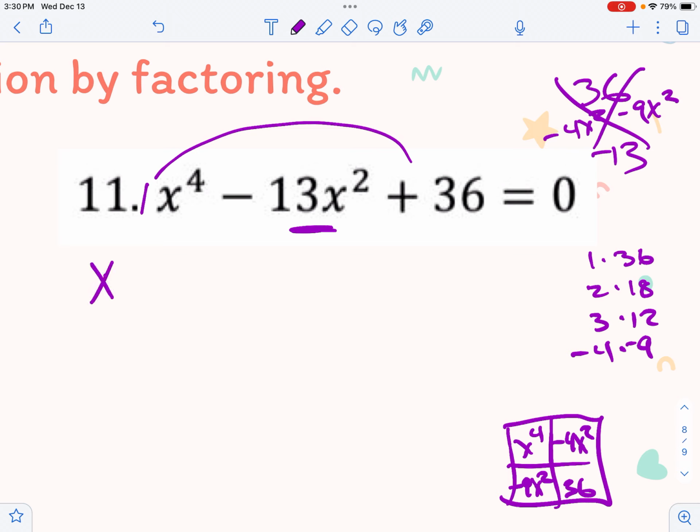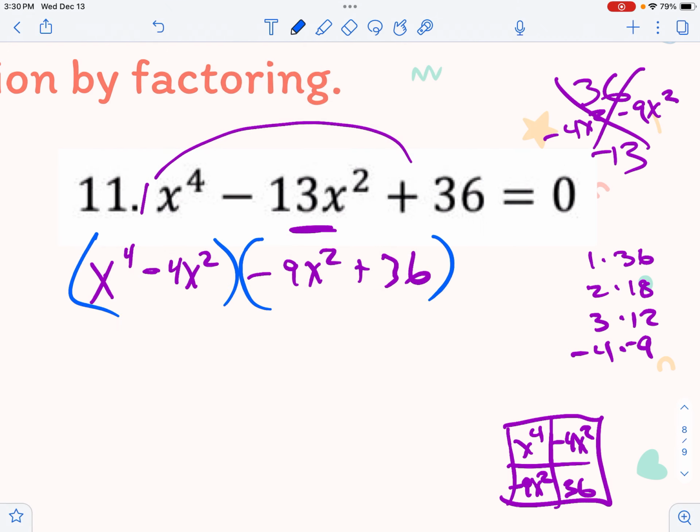I'm just going to do grouping. x to the fourth minus 4x squared minus 9x squared plus 36. Group these together right here and right here. Top one, I can take out an x squared, so x squared times x squared minus 4.